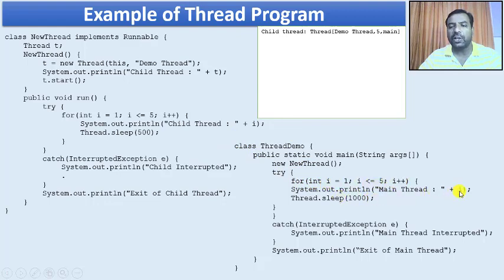It's going to print the value 1, saying main thread 1, and the control will jump to sleep mode, and now my program will be in sleep mode for 1 second. So right now the CPU is idle. The main thread has gone to sleep mode. That means the CPU is vacant.